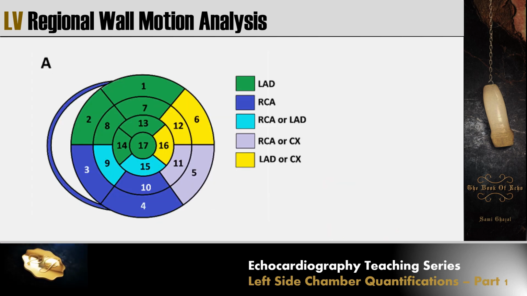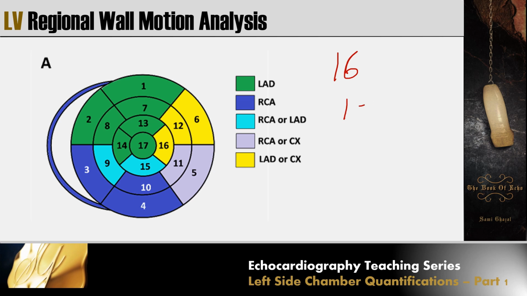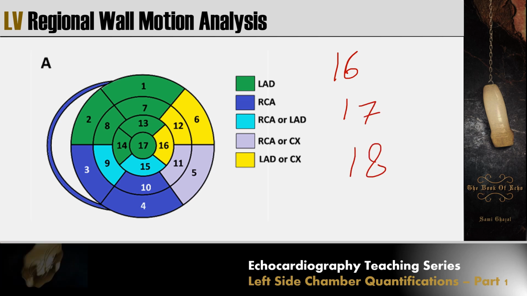Shifting gear a little bit and going now to analyze the LV wall motion, so it is regional wall motion analysis of the LV. First of all, we need to understand the walls of the LV. We have the 16, 17, 18 segment models.